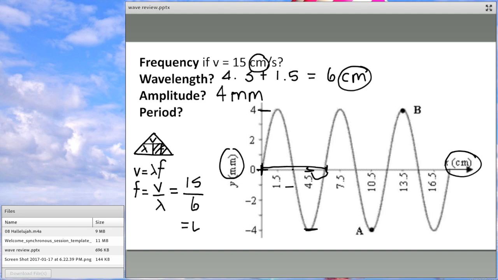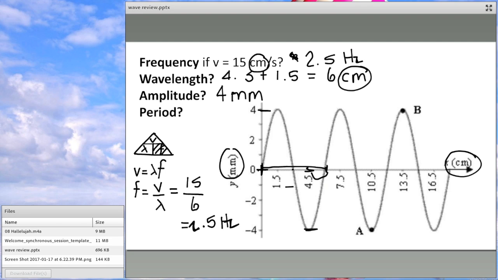Again, you don't get extra special physics points for not using a calculator. So, feel free to use a calculator on your test. So it's 2.5 hertz. Okay, so that's our frequency. I'm using this little tablet pen, and I think it has a delay.